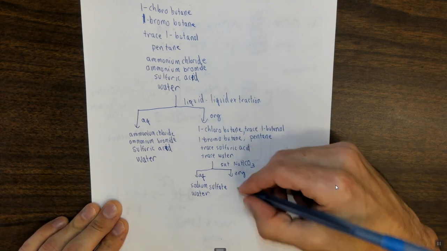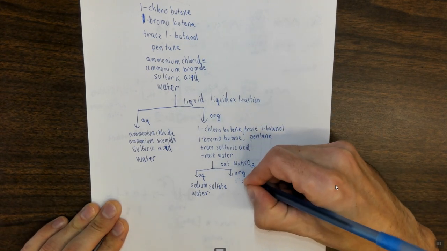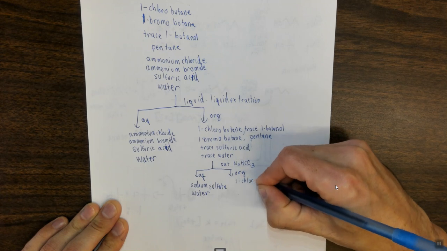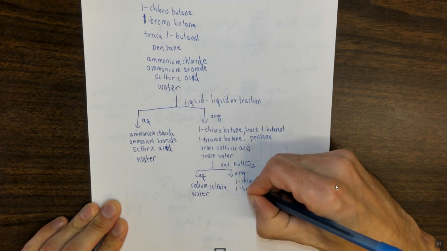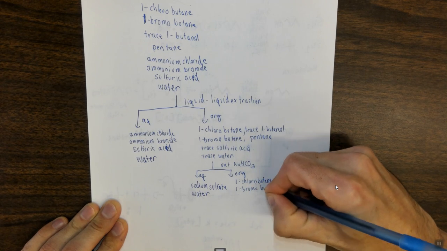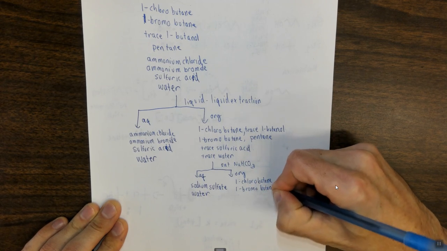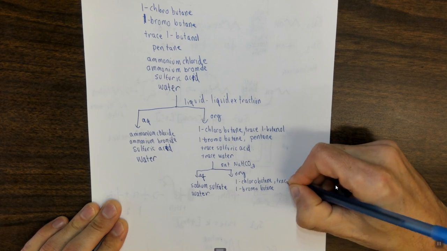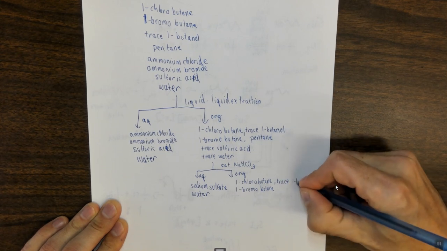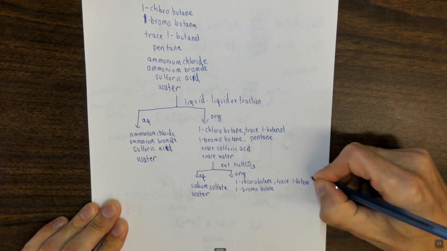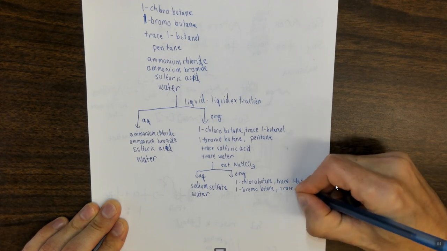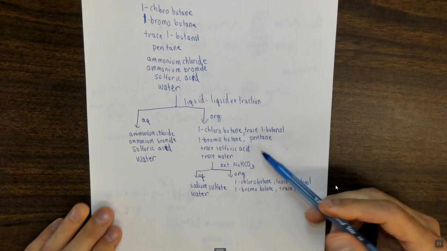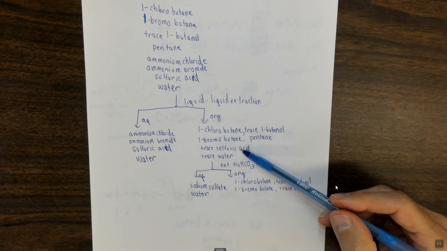On the organic side, you're going to end up with your 1-chloro-butane, your 1-bromo-butane, your trace 1-butanol, and your trace water.